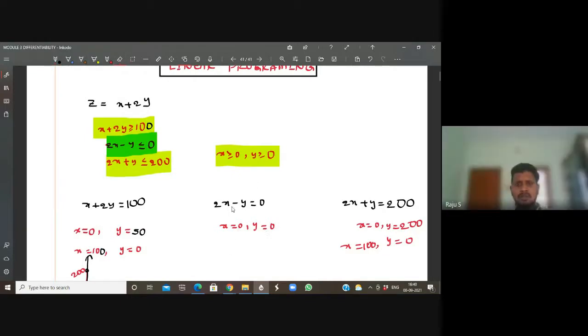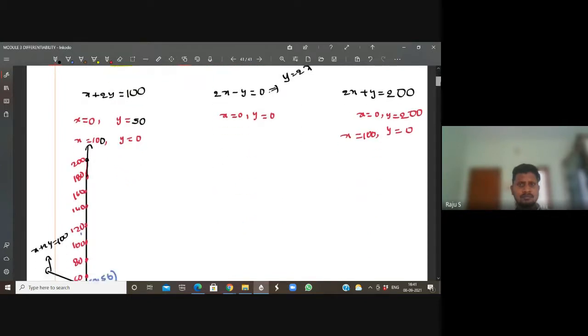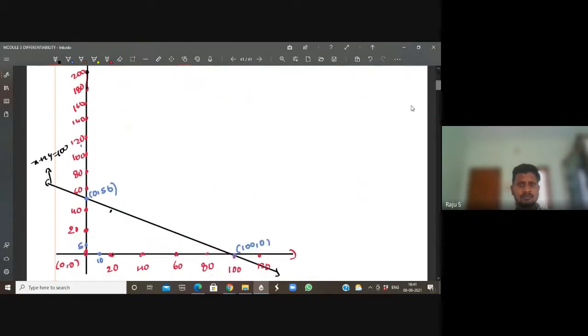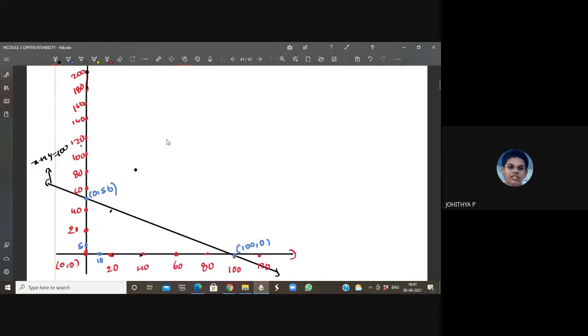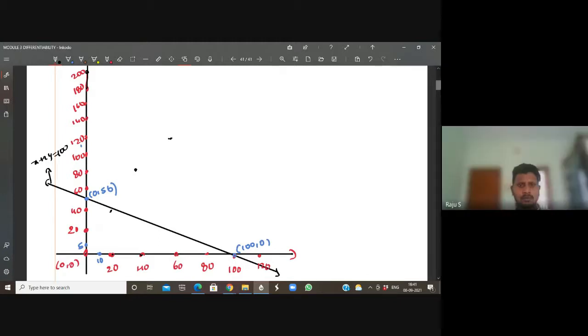When x is equal to 0, y is equal to 0. Actually, this can be written as y is equal to 2x. When I give x value 20, y value is 40. X value is 40, y value is 80. Those points you have to identify first. When it is 40, it is 80. 60, this is 1, 2.